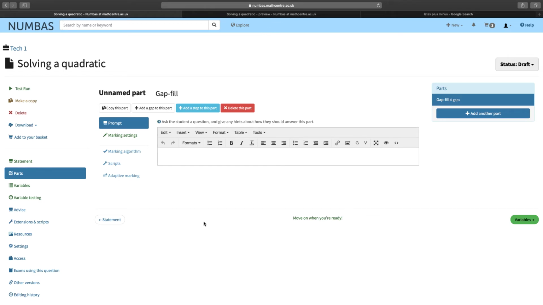And the other thing that's difficult about the quadratic question is we're going to need to say to the students, put this answer in this box and put this answer in the other box, because the two answers can't talk to each other, so they don't know which ones should go where. So I'm just going to write this equation again.